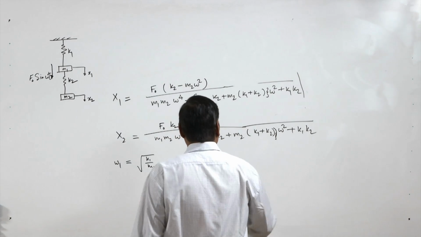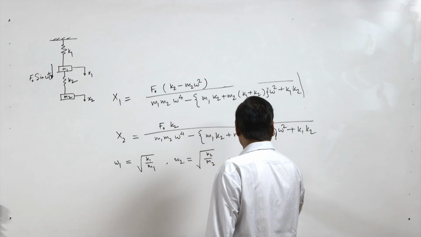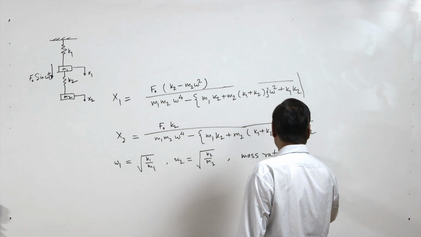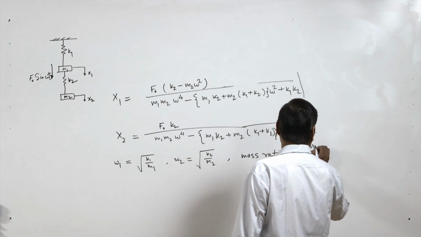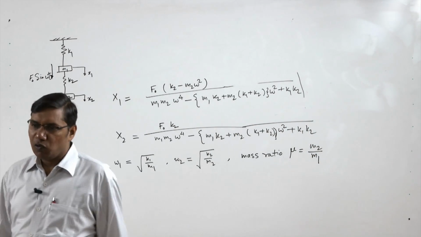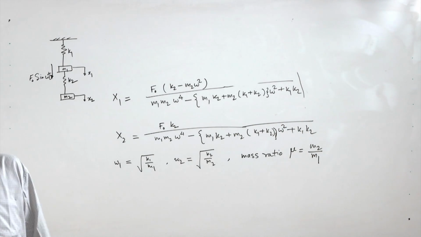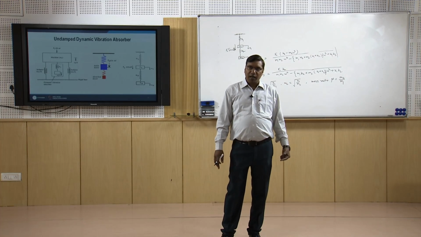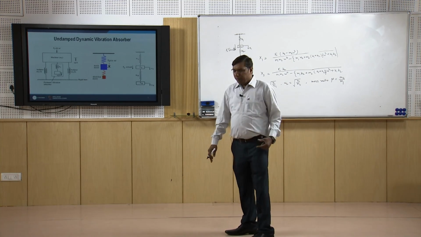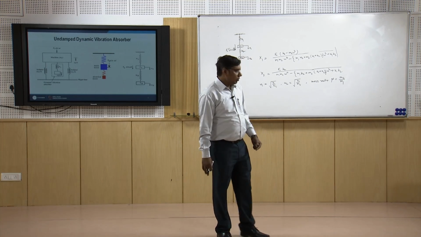And we define a term, the mass ratio, mu, which is m2 by m1. So mu is defined as the ratio of the two masses, the mass of the absorber divided by the mass of the main system, that is m2 by m1.